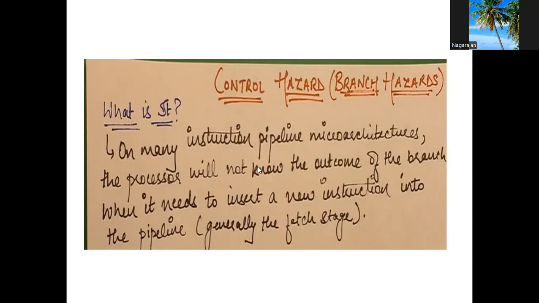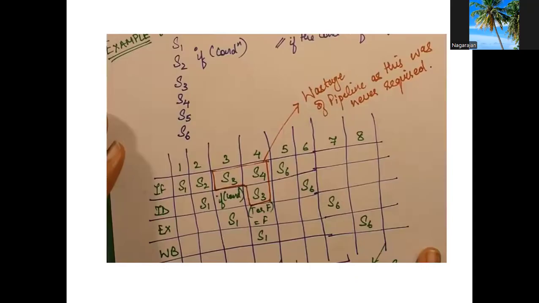With an example, we get more clarity here. Whenever we start to fetch and execute instructions, we don't know the outcome. That is the meaning here.